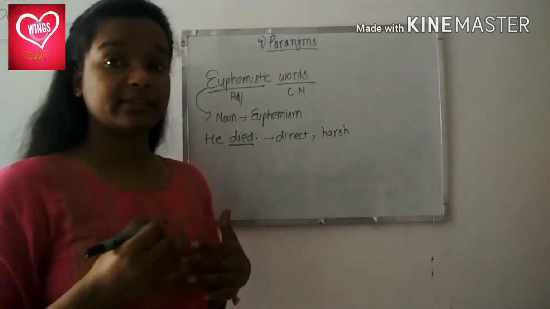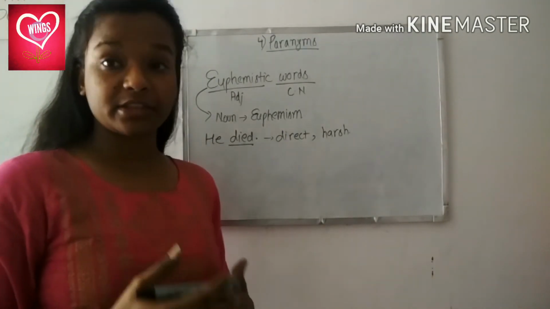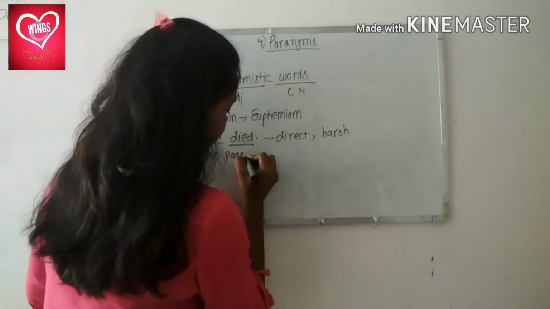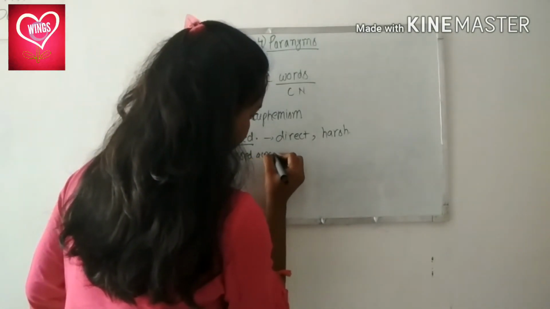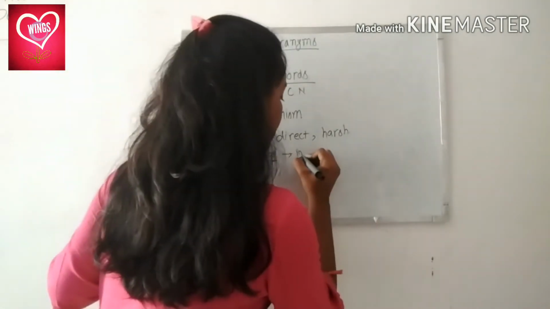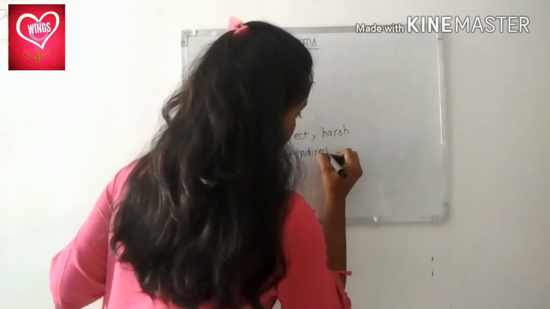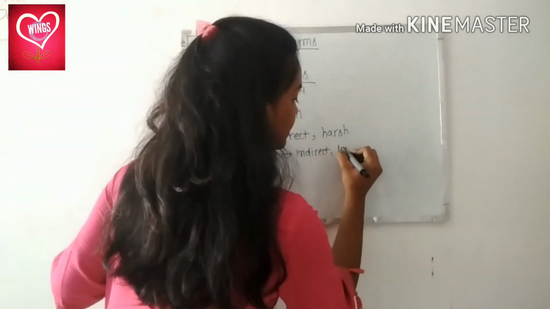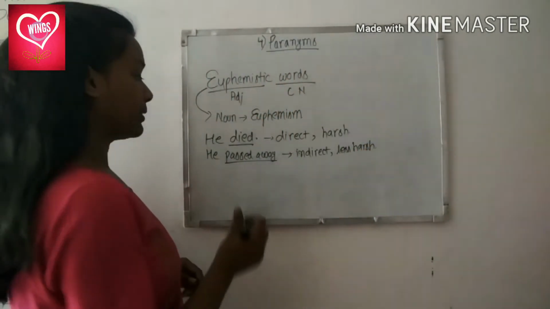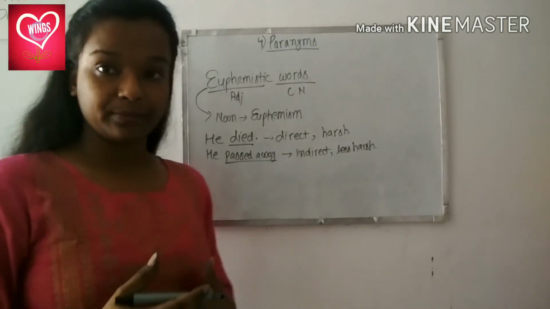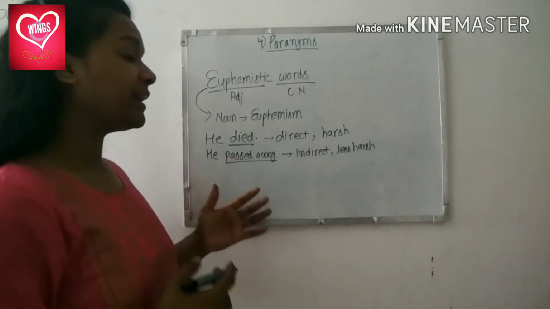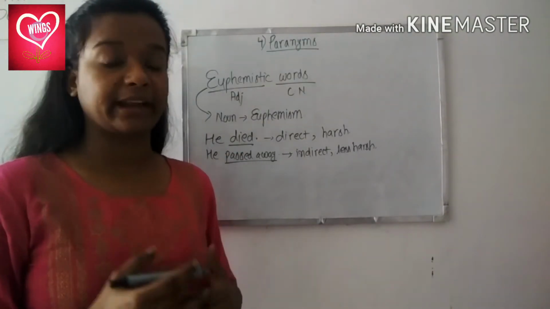But if we say that he passed away, it is indirect and less harsh. So, passed away is a paronym, right? It is a paronym which means died, and it is less harsh and indirect.